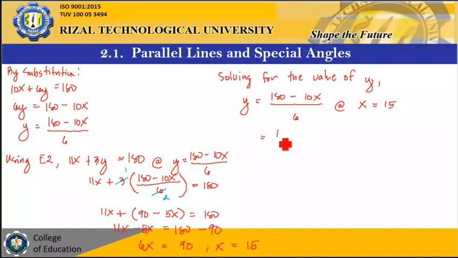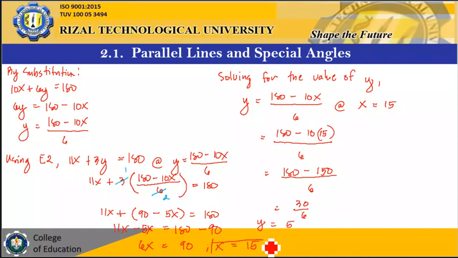Then just plug in: 180 minus 10 times 15, the value of x is 15, divided by 6, so this is 150 all over 6. What I have here is 30 all over 6, and the value of y is equal to 5. Therefore the value of x is 15 and the value of y is 5.